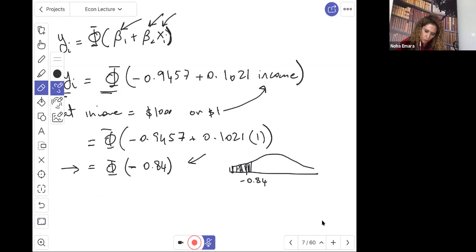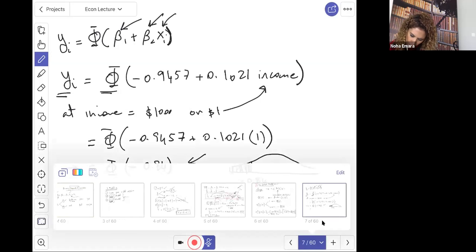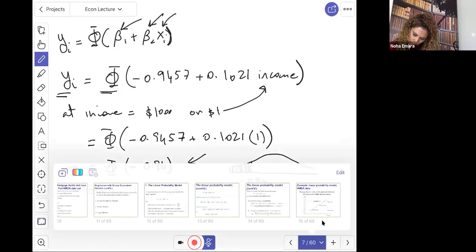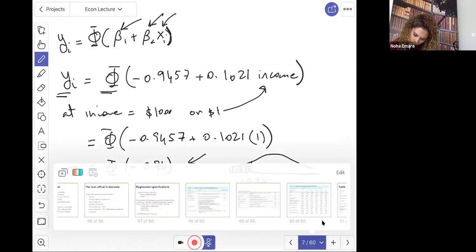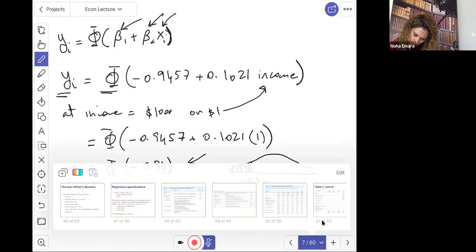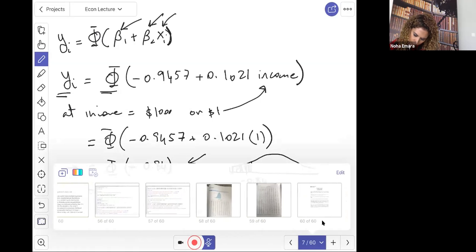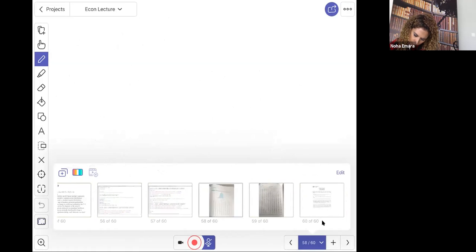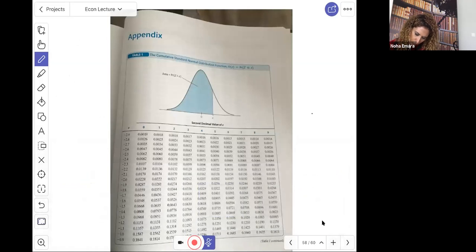So all I need to do is to go to my cumulative distribution table, and I have it somewhere here. Okay, so this is slide 7, the cumulative distribution table. As you can see, I have the Z here.